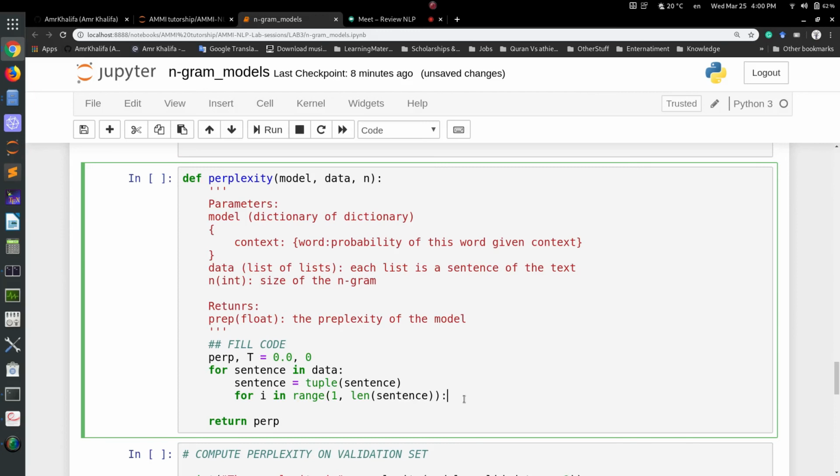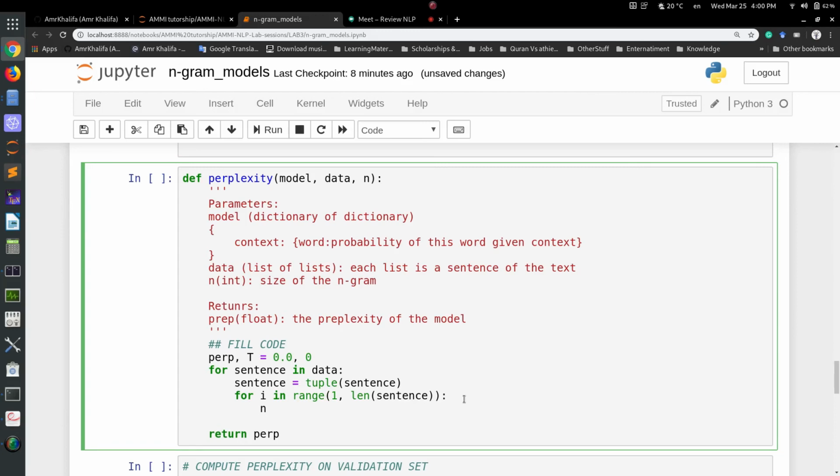I will define a variable nc, which is the number of context words, to be the minimum of n minus 1 and i. Suppose my n-gram is 2 and I am at the beginning of a sentence, so I don't need to look at the history, because at the start I can't look back. I can only start calculating after I am at the second item in my sentence.